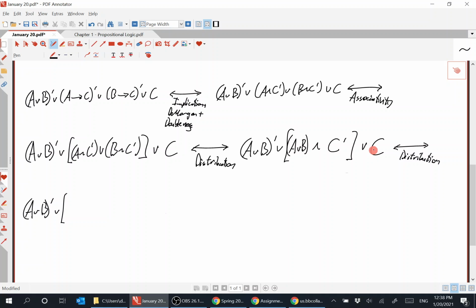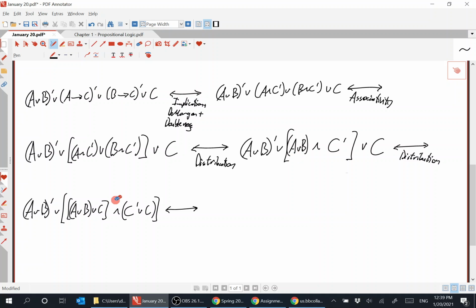Distribute this C or, P and Q. C or A or B or C, and B not or C? C not or C, right? Right, C or C not, and C or A or B or C.